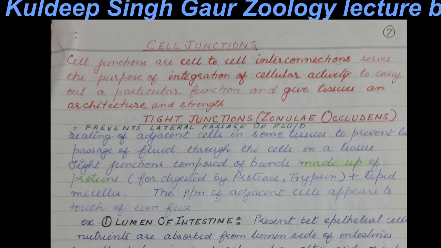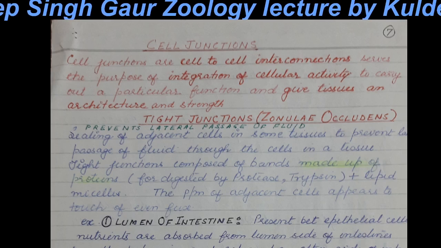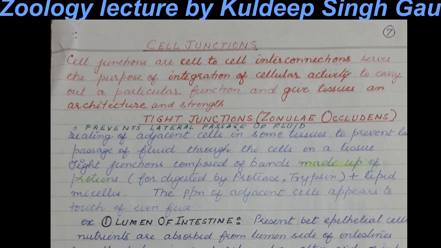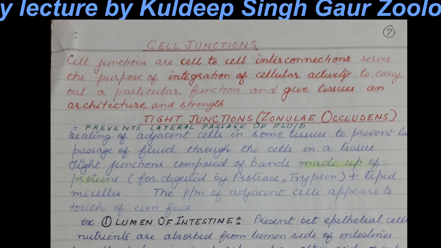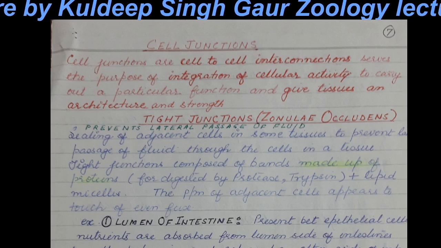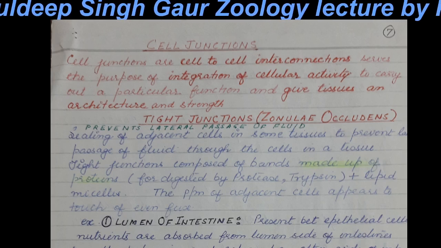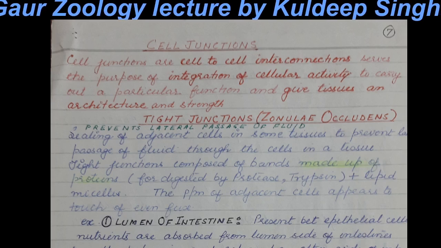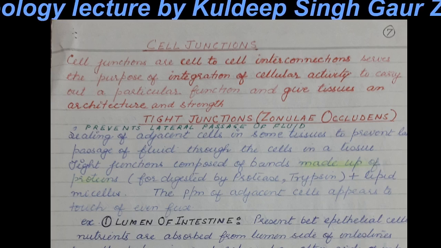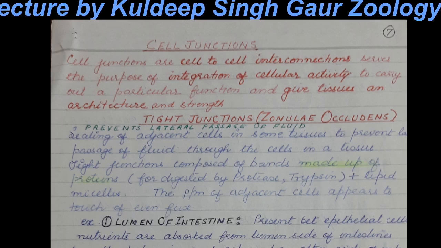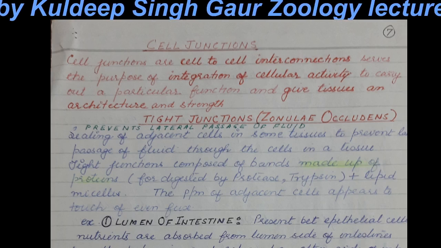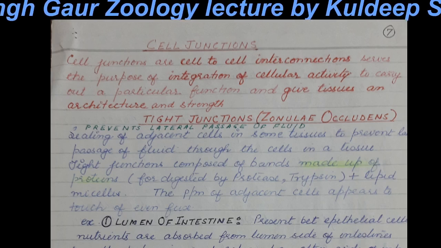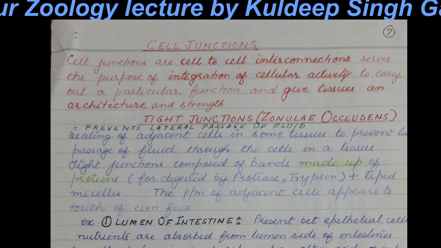For an aggregation of cells to be called a tissue, there must be cell-to-cell interconnections, and they are very important for the integration of cellular activity and to carry out a particular function. The cell junctions also give tissues an architecture and the strength which is required. Otherwise, all of the cells included in the tissue would scatter with minimal disturbance.